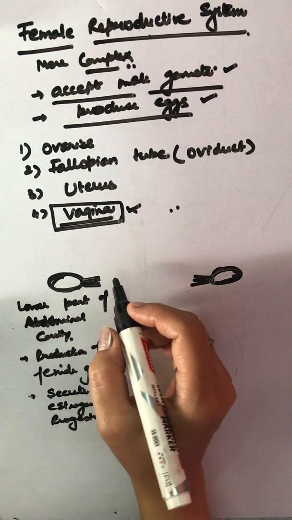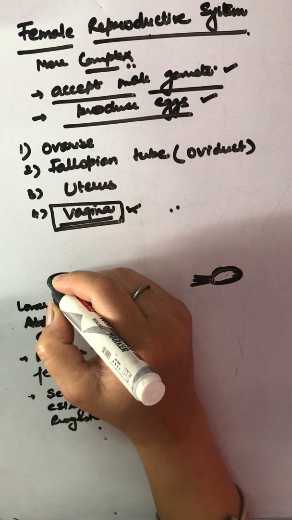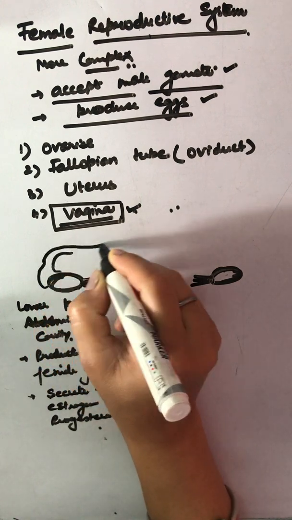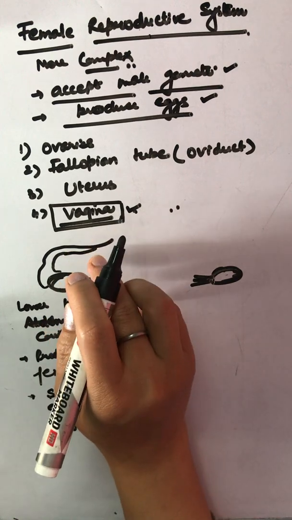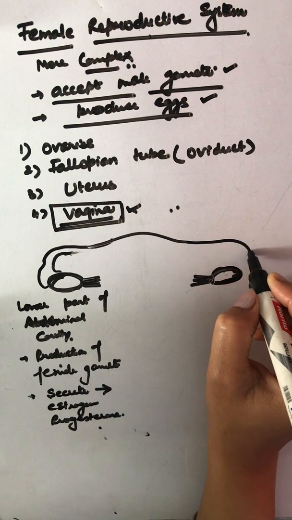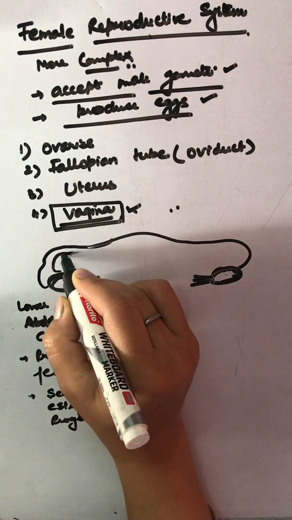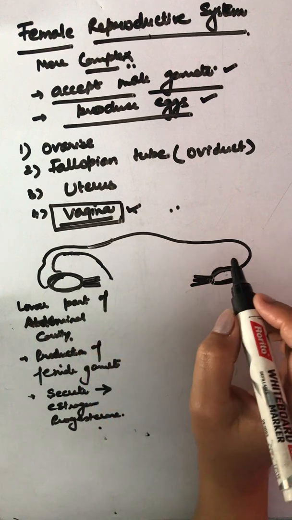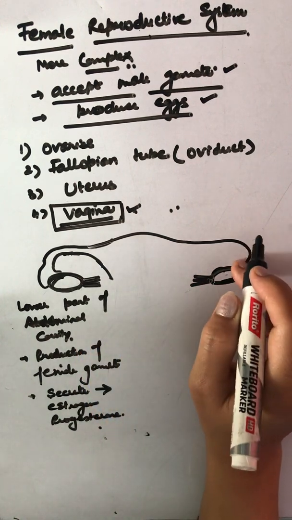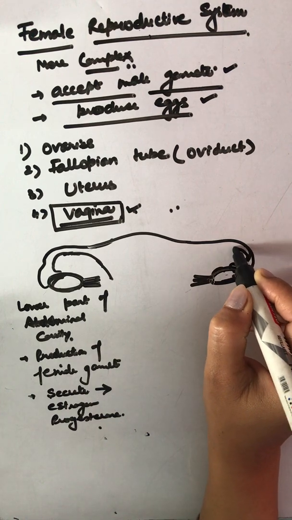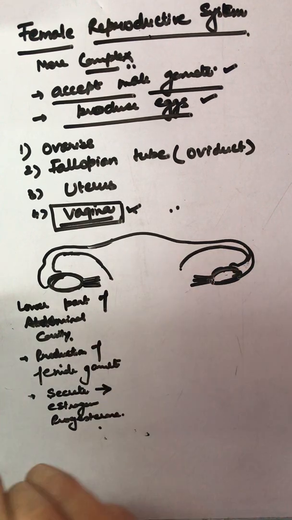Then moving to this structure, which will be funnel like, and then connecting the other ovary. This will be the oviduct region.